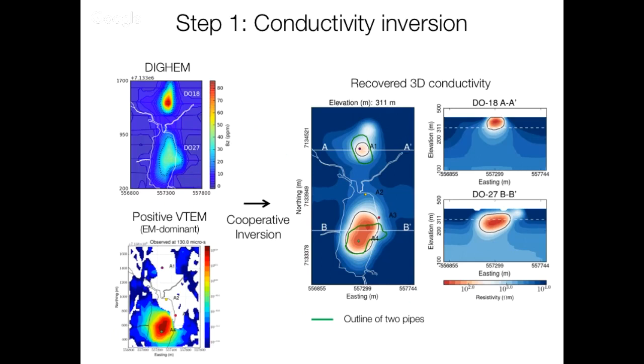In frequency domain data, you can have an IP effect, but it doesn't show up as strongly in the data at these frequencies, so it was okay. So the way it will show up would be in distorting the phase, I suppose.